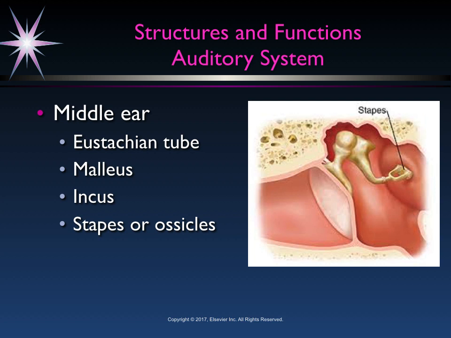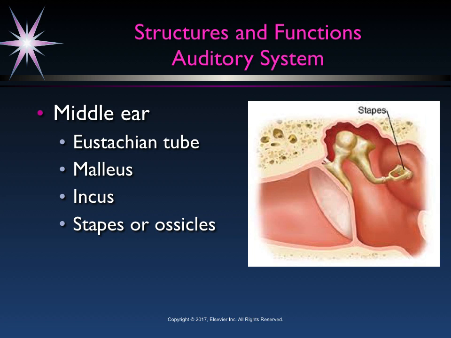The middle ear is an air space that's located in the temporal bone. The eustachian tube connects the middle ear to the nasal pharynx, and it functions to equalize the atmospheric air pressure between the middle ear and the throat. You know, we talk about our ears popping when we change altitudes, and it allows the tympanic membrane to move freely.